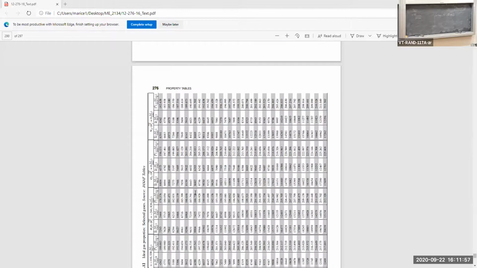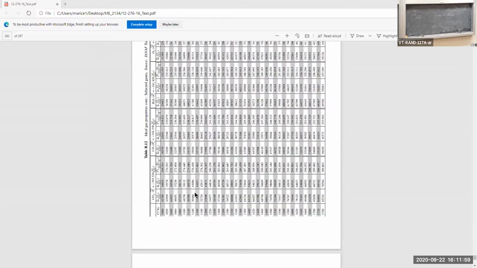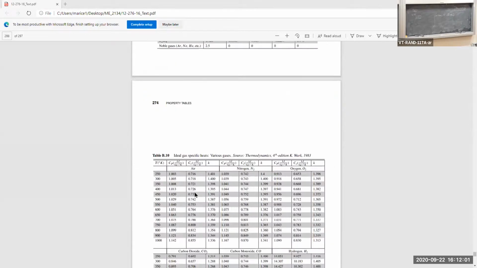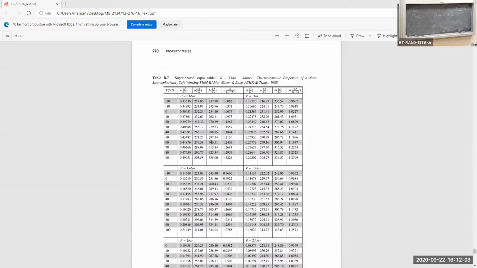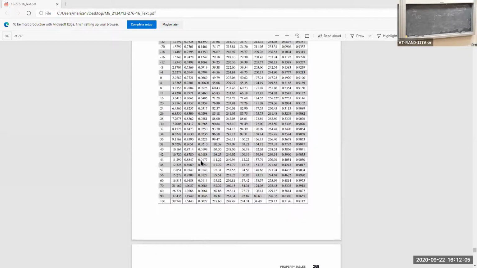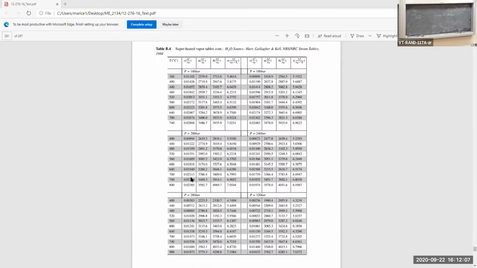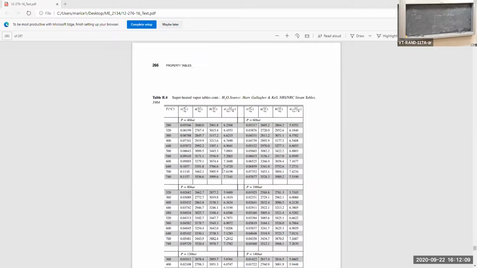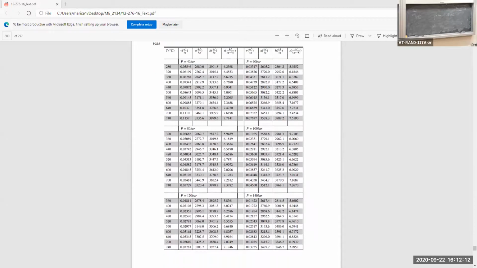Superheated, H2O, 100 bar, 450 degrees C. Looks like we're at 450, so we have to interpolate between these two.